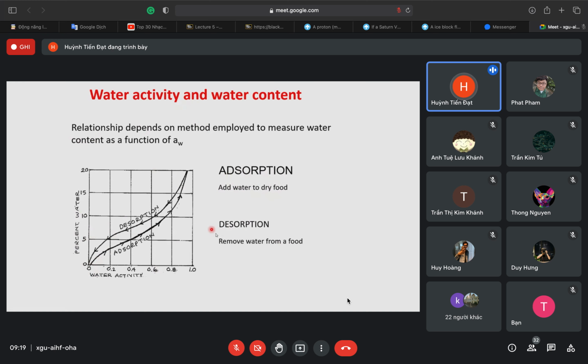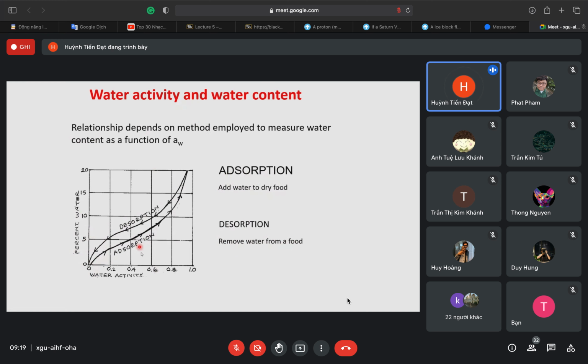If you have a food that contains a lot of water and you put it in the outside environment, water can be removed from the food, which is desorption, where the food can evaporate the water. So absorption and desorption can change the water activity of the food.